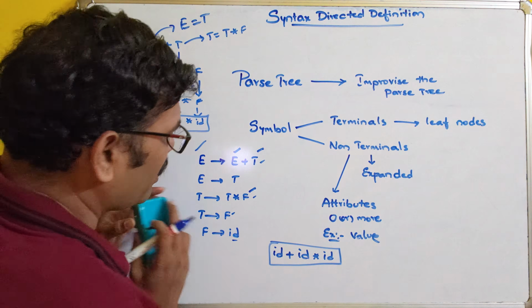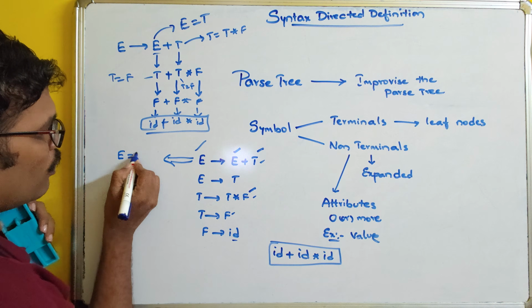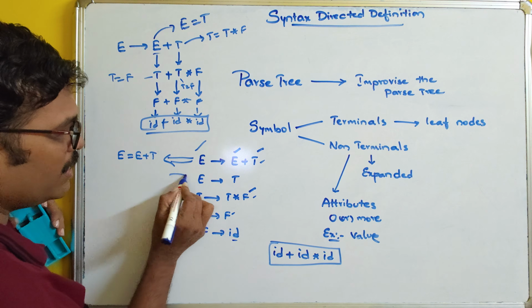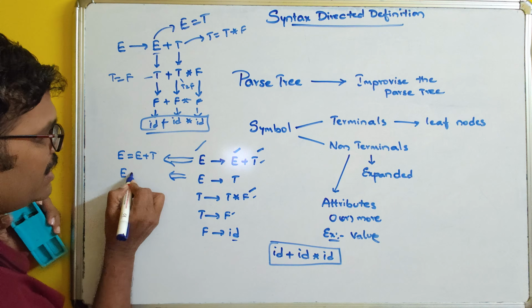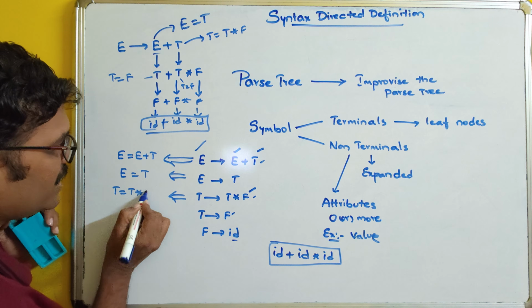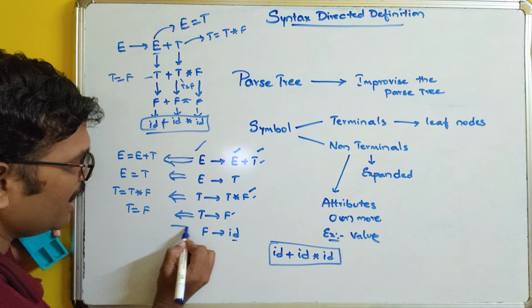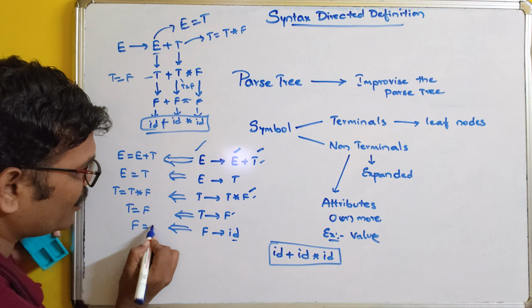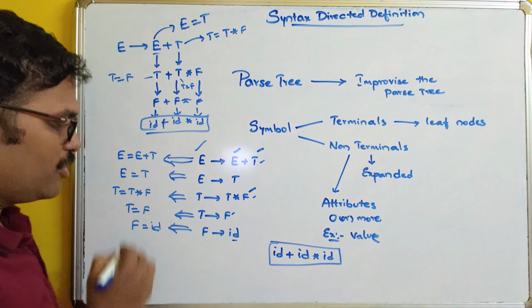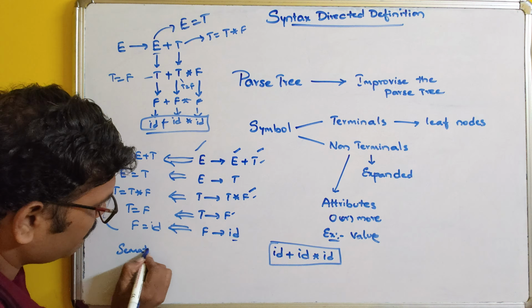So here I'll write it: this can be written as E is equal to E plus T, this as E is equal to T, this as T is equal to T star F, this as T is equal to F, and this as F is equal to I. So all these are called semantic rules.